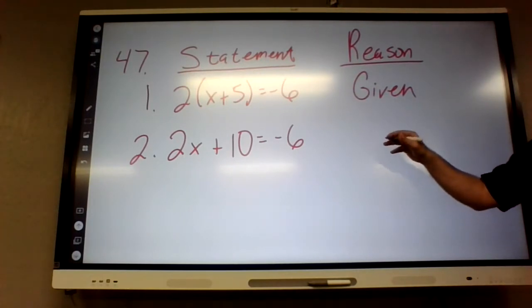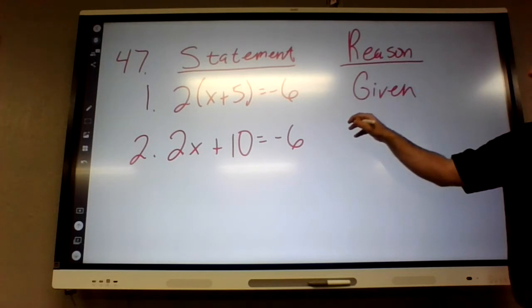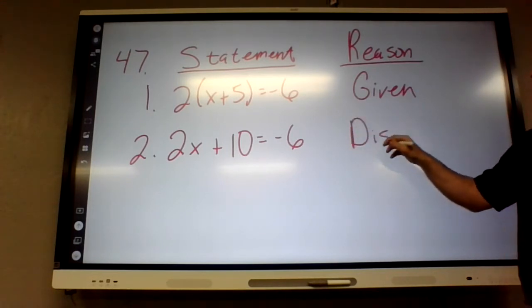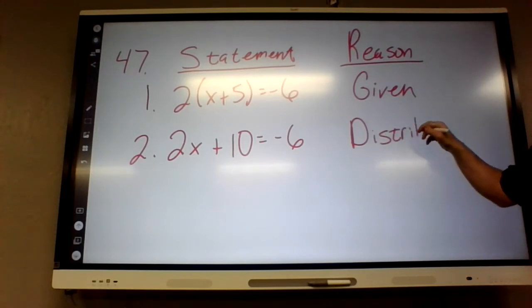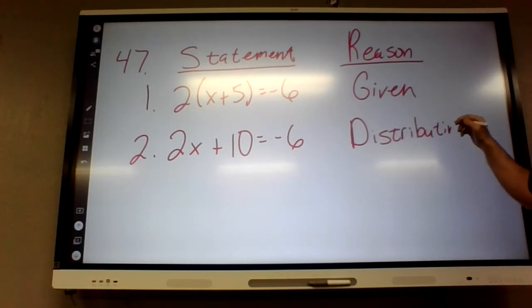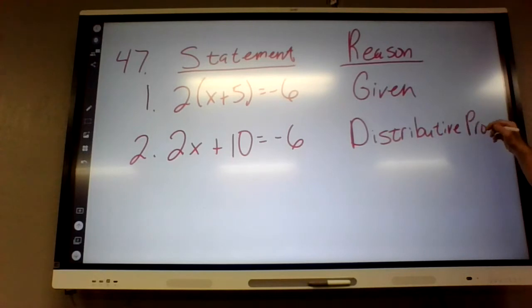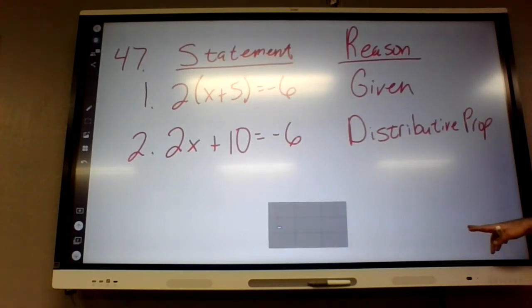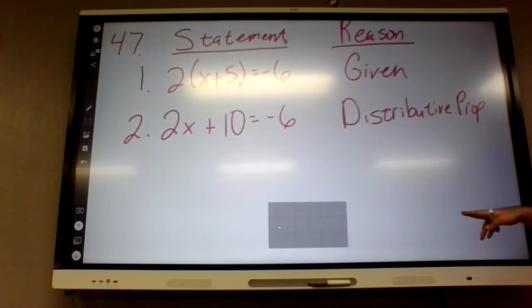So what's the reason over here? Distributive property. Yeah, we use distributive property. You're going to have to write out this on the test. I'm going to make a proof, yes. I probably won't do an algebra proof, though.